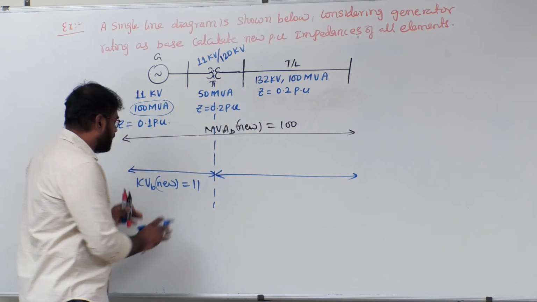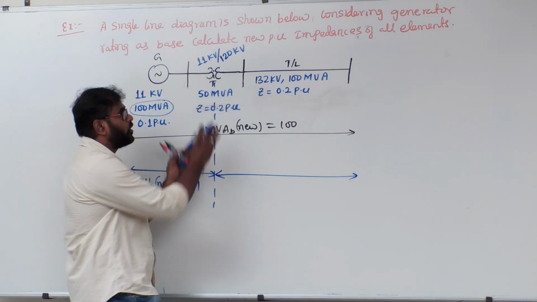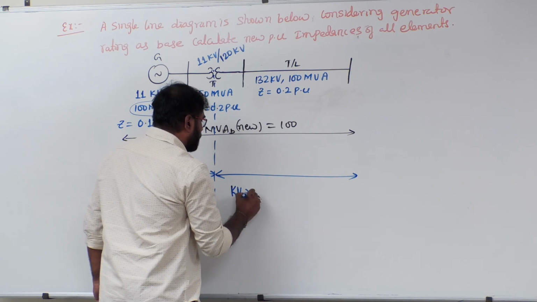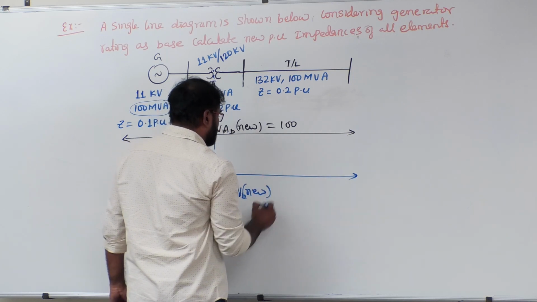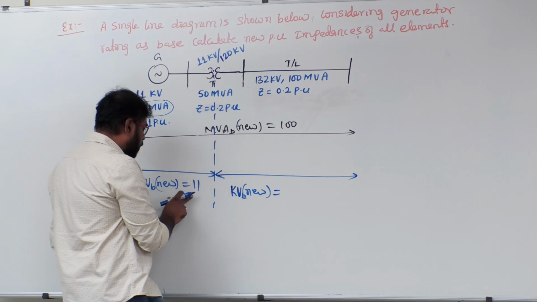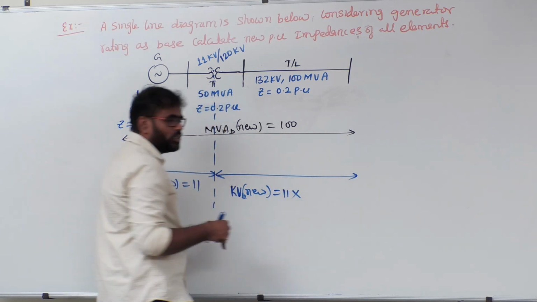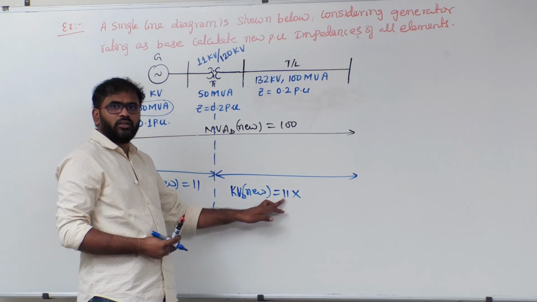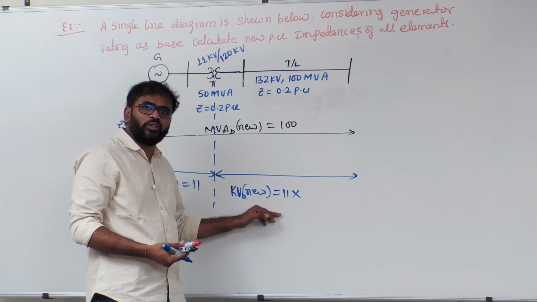Now tell me, kVB new in the low voltage is 11 kV. What is the kVB new in the high voltage side? kVB new in the low voltage is 11. Now the line to line transformation ratio you have to use, because we need a line voltage. I given a line voltage, we need a line voltage.